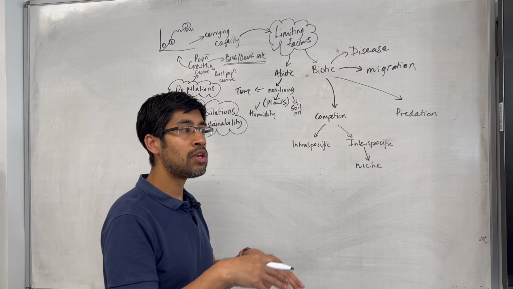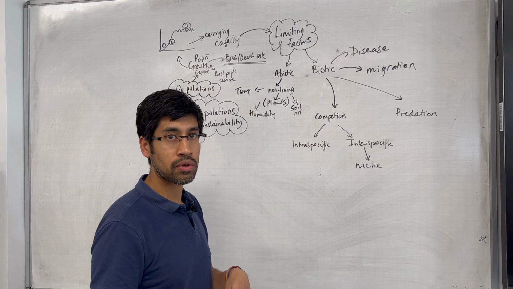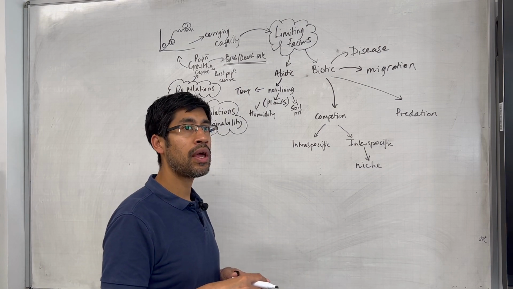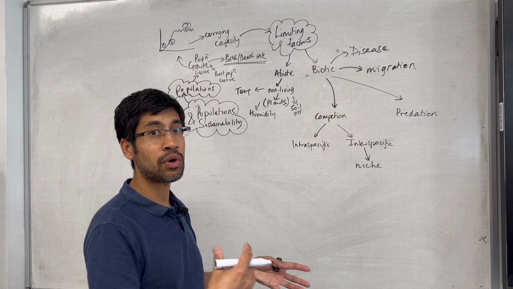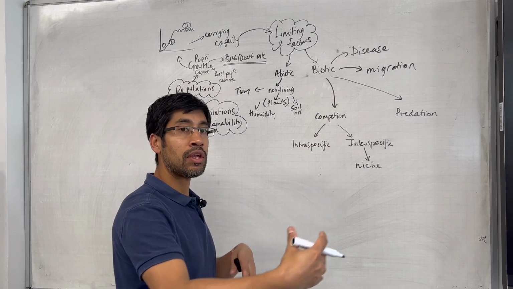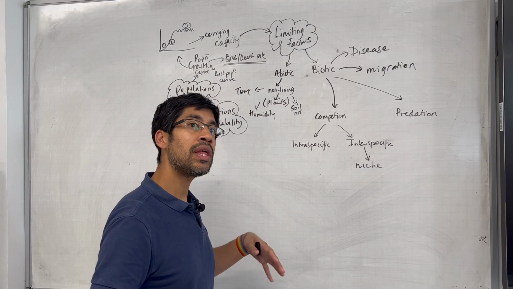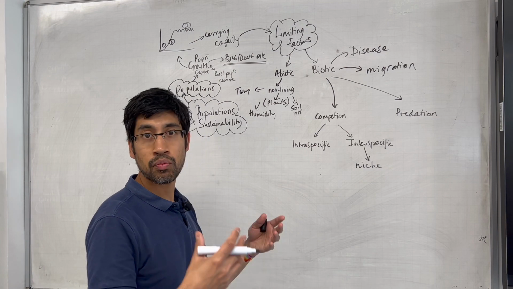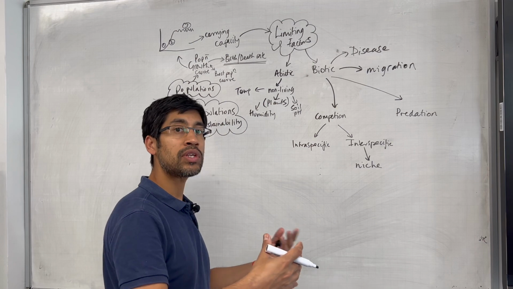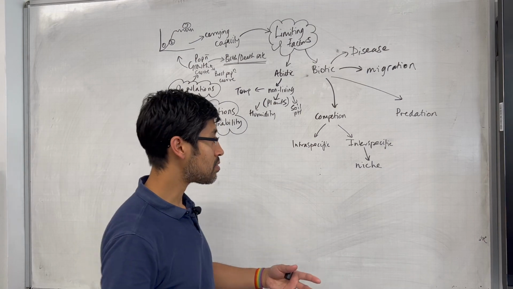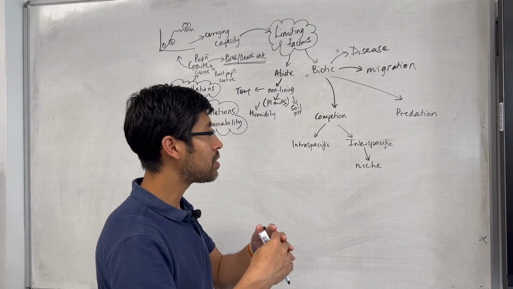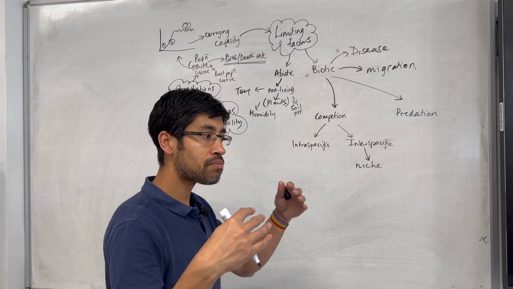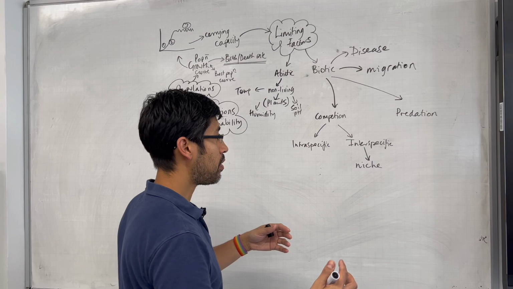So they use resources that other species don't use. They occupy habitats, or parts of habitats, that other species don't make use of. If they stick to that, then their population will grow because they will have enough shelter, enough food, etc. But when the niches overlap and the resources get limiting, then competition can arise.